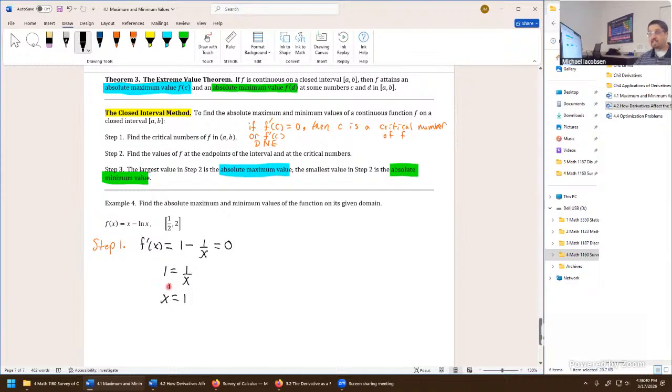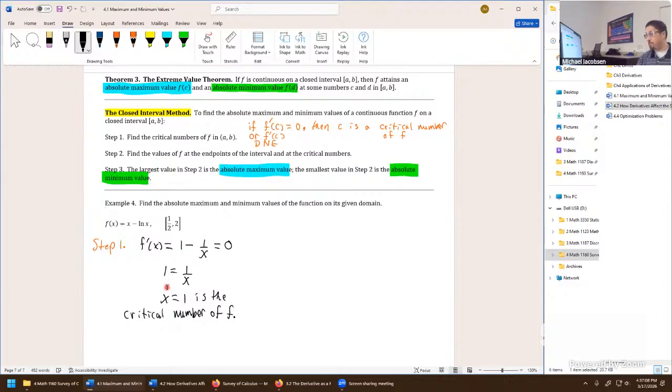And I'll leave it as an x rather than calling it c. This is more for the definition, calling it c. But it's good to emphasize when we got the x equals 1, I'll write x equals 1 is the critical number of f. Let me fix my penmanship there.